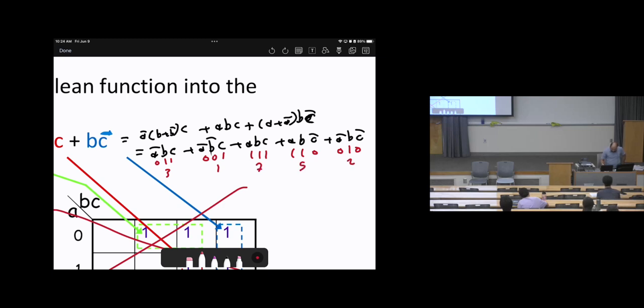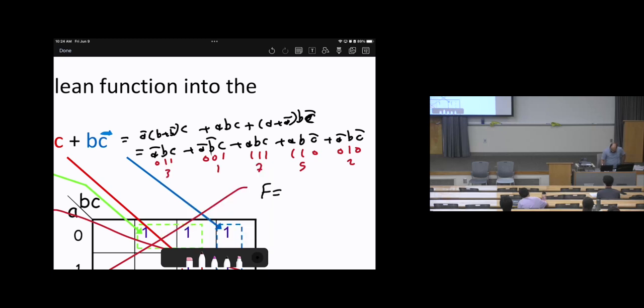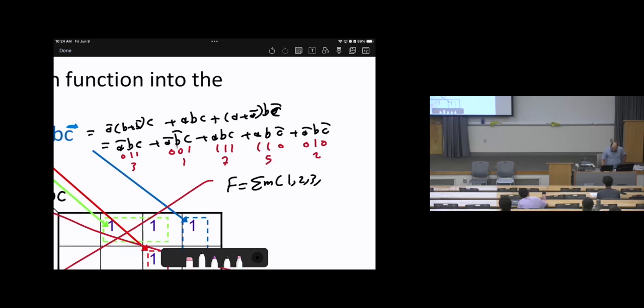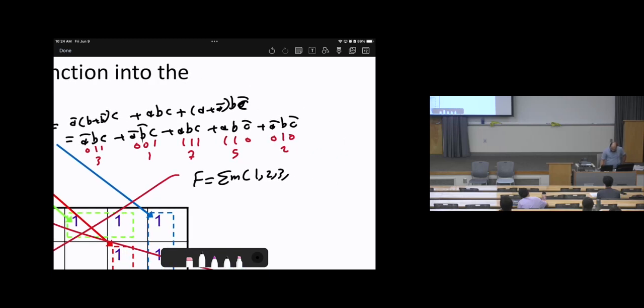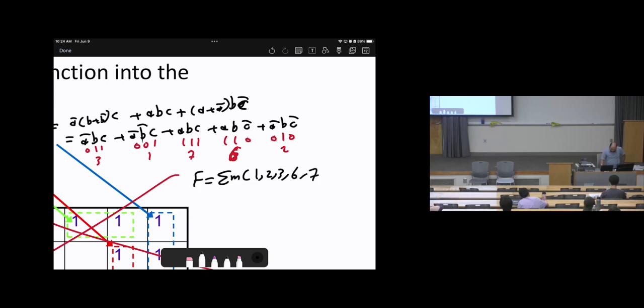As a result, this function can be presented to be the sum of minterms of 1, 2, 3, and this term is, I think, not 5, it's 6. One, two, three, 6, 7. Okay?